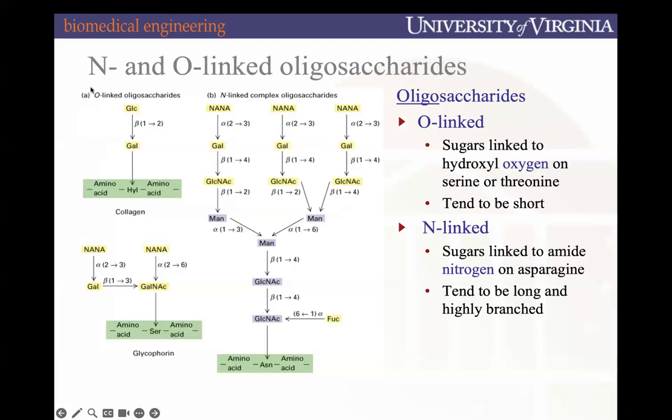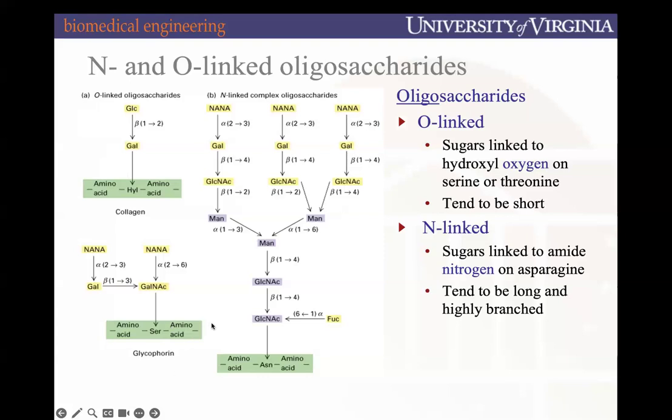We have in the left half of this figure here, O-linked glycosylation, where there's the hydroxyl group here that's on the carboxyl between these two amino acids, and there's going to be the addition of just a couple of saccharide groups here, whether that's on collagen or another glycoprotein like glycophorin.